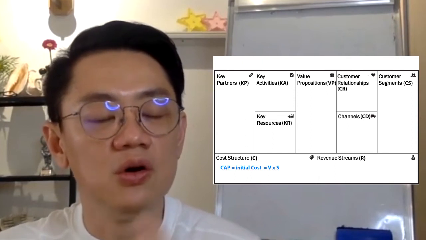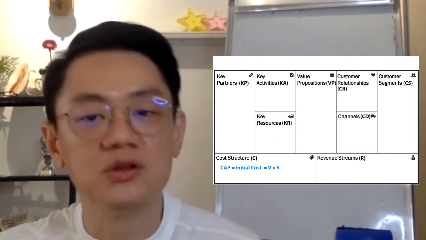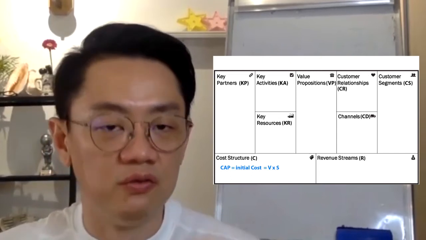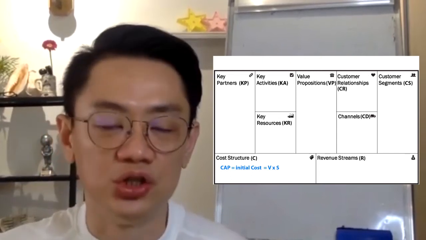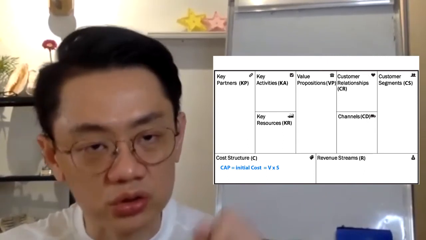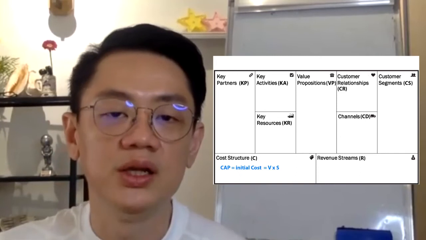So initial money from an investor dilutes the percentage of the new share of your company valuation. V is valuation, S is the new share. So you dilute a certain percentage of your share to raise funds to create more value for your company.